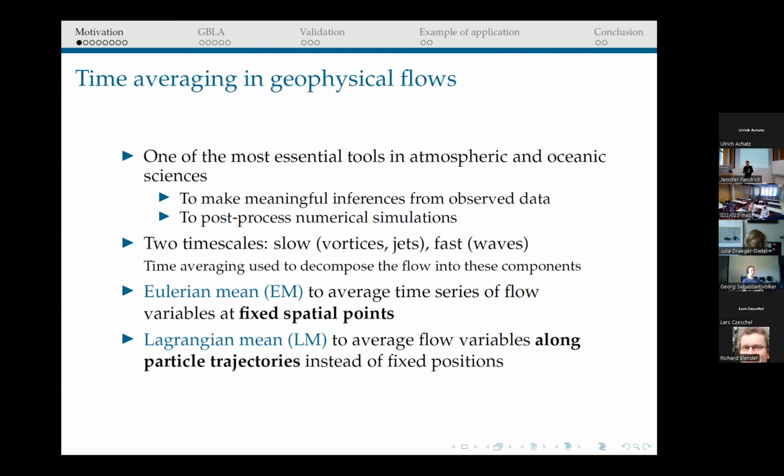Most of you probably know there are two types of time averaging in geophysical fluid dynamics. One is the Eulerian mean, which is basically sitting at a fixed spatial point and measuring our variable and averaging the time series of that variable. And then there's another way of averaging by following particles along their trajectory and taking the average along the trajectory of the particle.